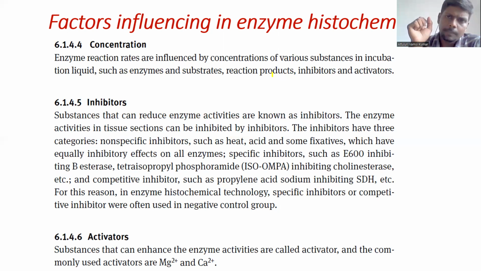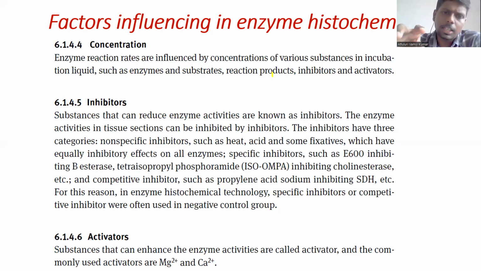And inhibitors. Sometimes during the fixing procedure, we need to inhibit the normal enzymatic activity. Why do we need to inhibit enzymatic activity? Because if they keep on reacting in the tissue, they might alter the results. So in some procedures we will purposefully block the enzymatic activity in order to preserve them, in order to get more accurate data.